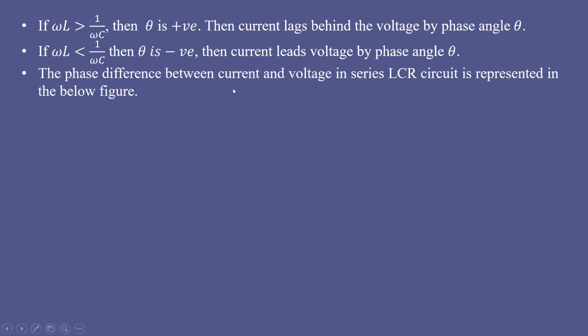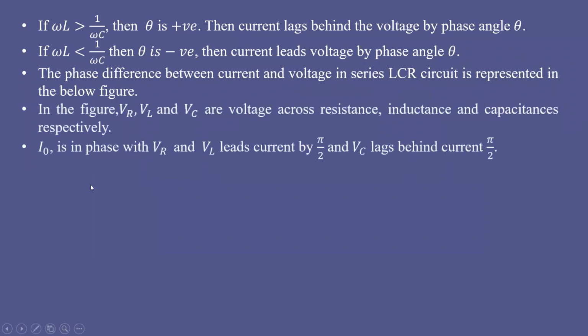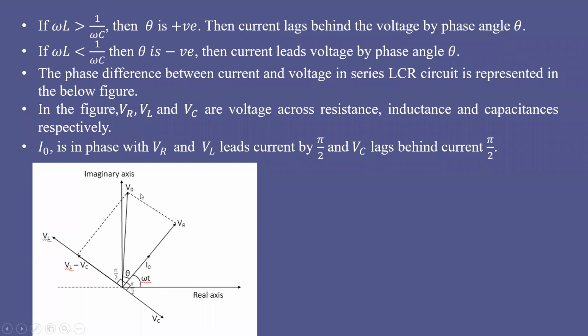Then the phase difference between current and voltage in the series LCR circuit is represented in the below figure. Here in this figure, VR represents the voltage across the resistance, VL represents the voltage across the inductor, VC represents the voltage across the capacitor. Here we'll take up the effective voltage between VL and VC.